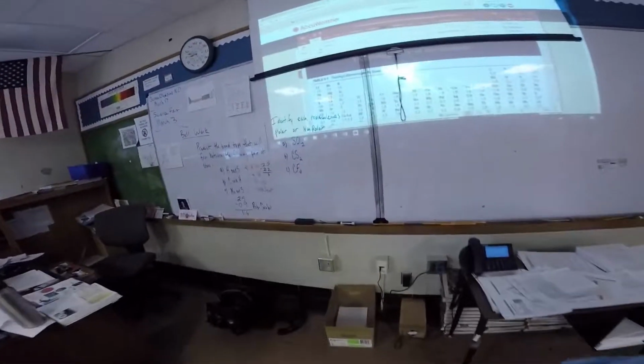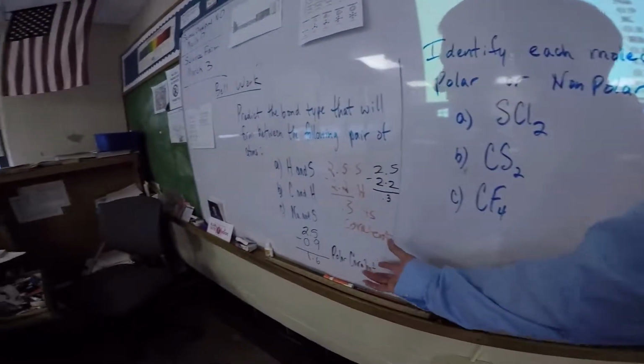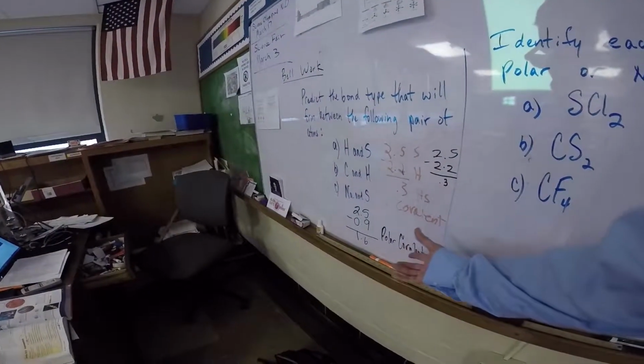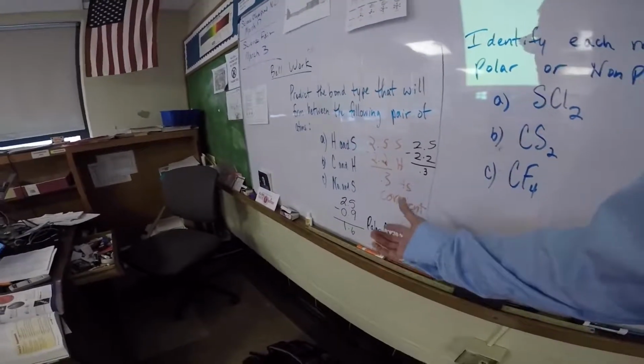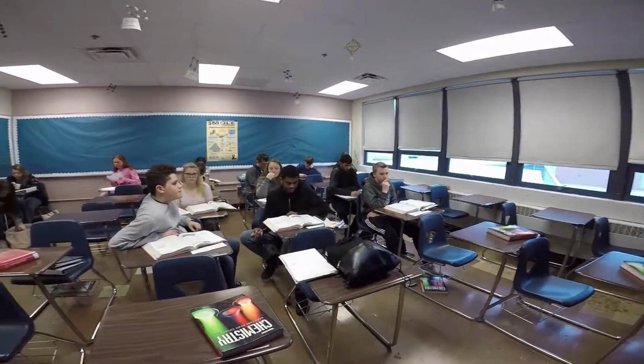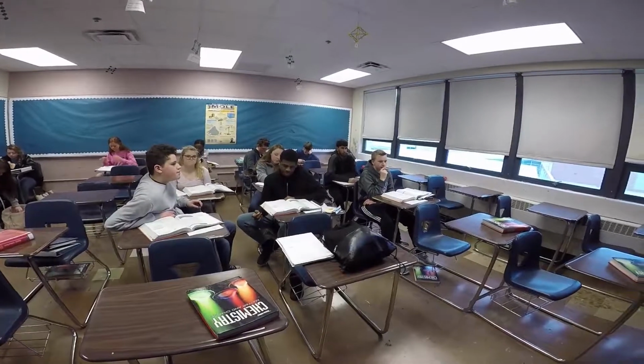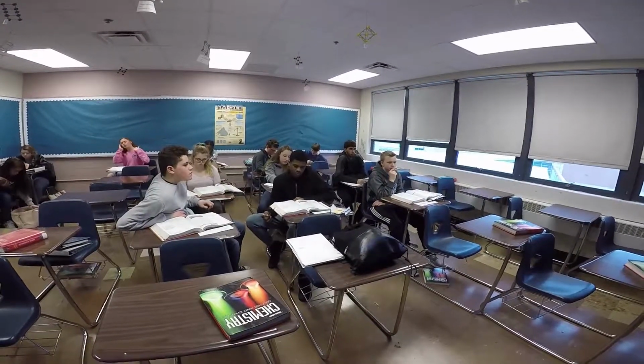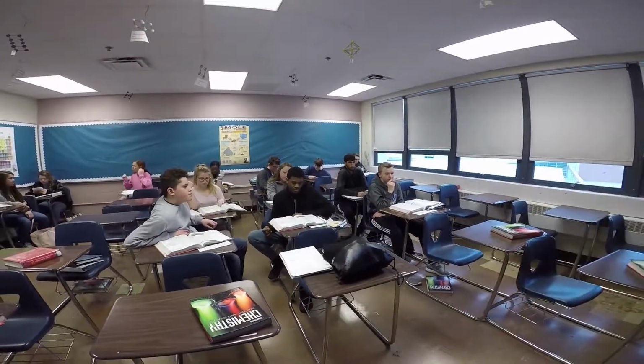That is the bond type. It's not telling you that it's a polar covalent substance. It's just telling you what bond type it is behaving like. So there's a little bit of overlap, which can create some confusion, because sodium sulfide is not a covalent compound.